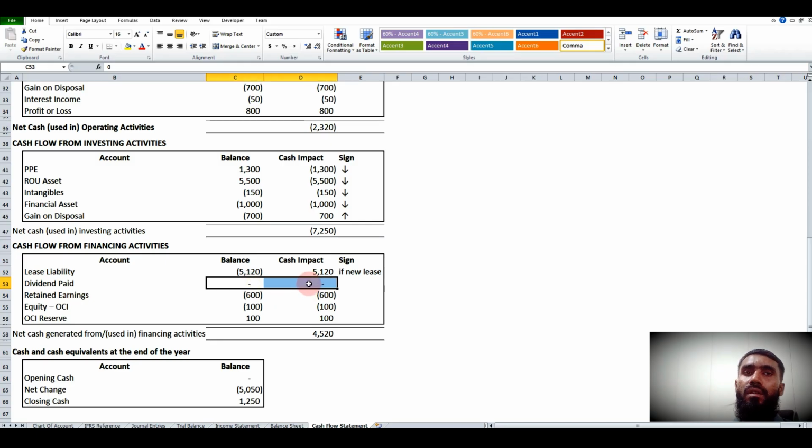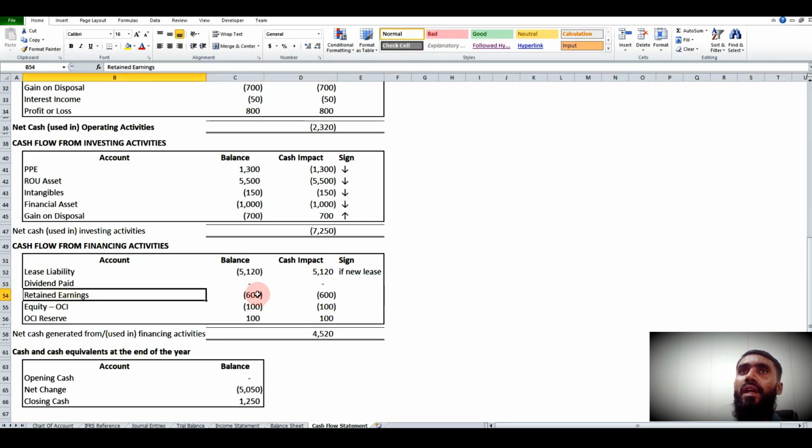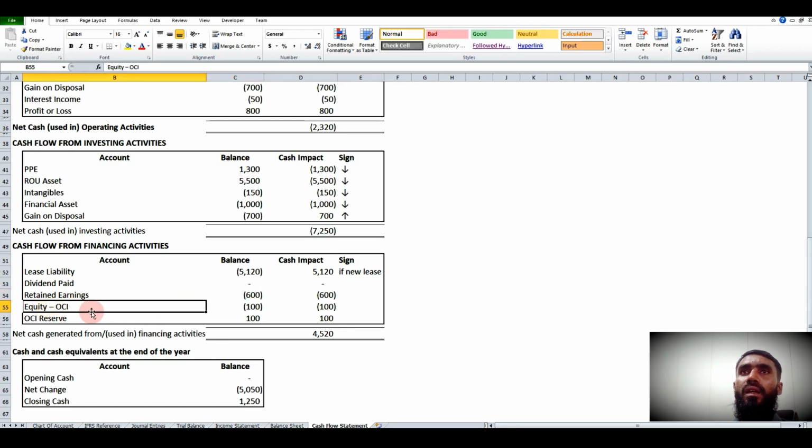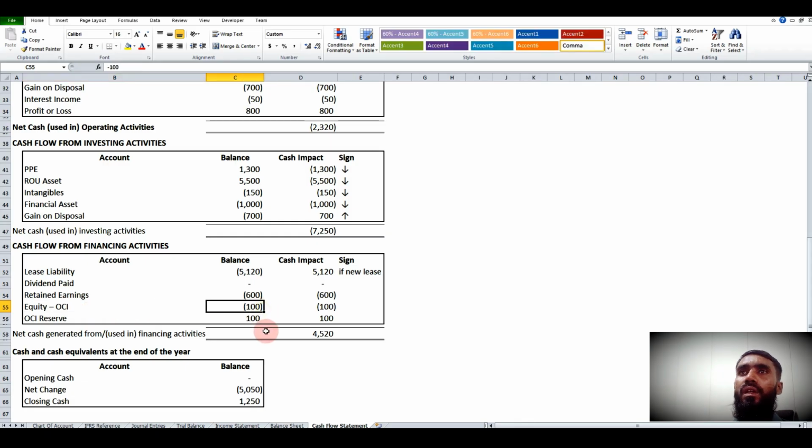Cash impact increasing. Dividend paid, I didn't have any dividend. Retained earnings 600, decreasing the cash. Equity, other comprehensive income, negative, decreasing the cash.